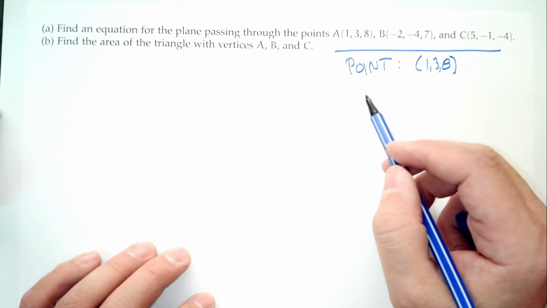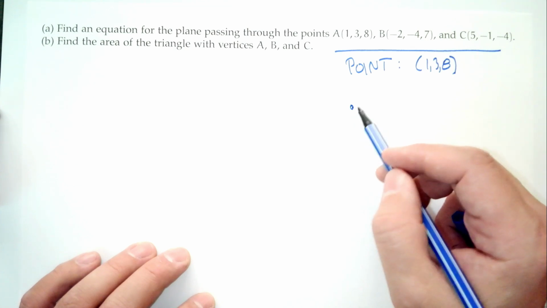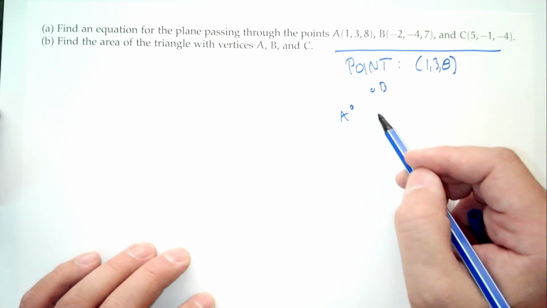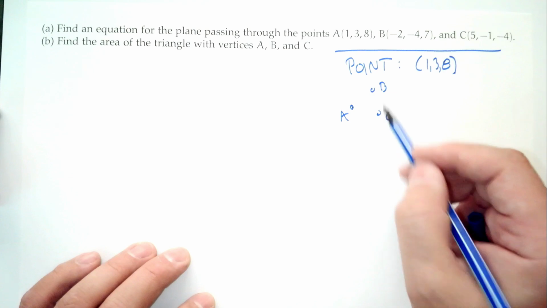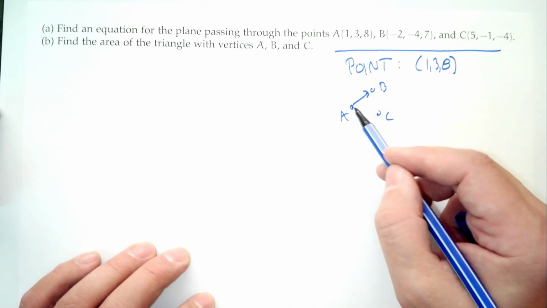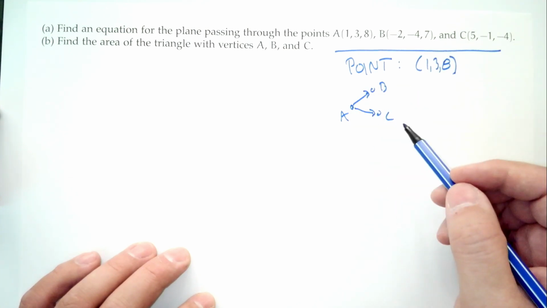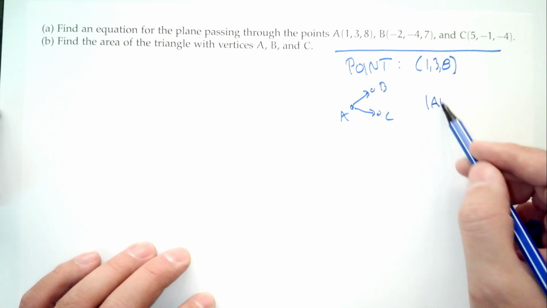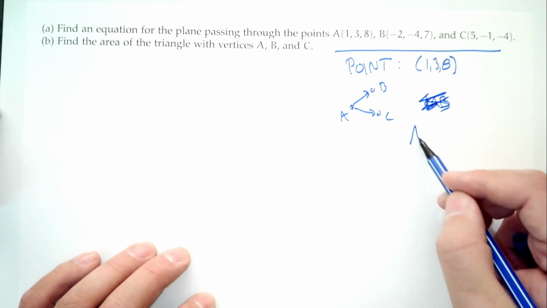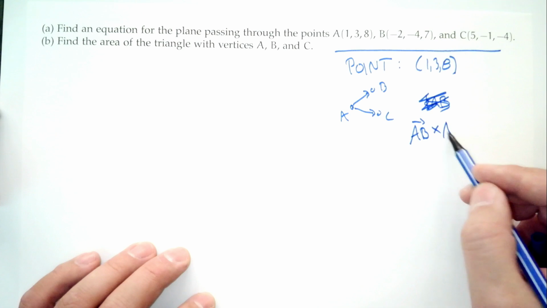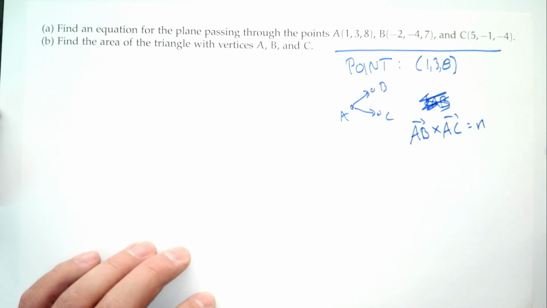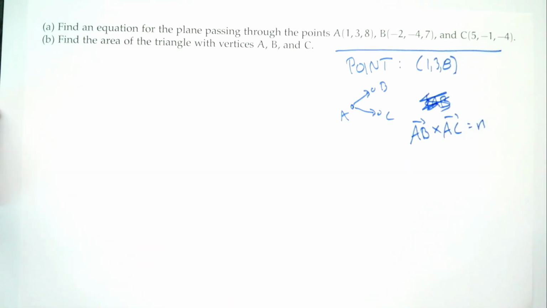How do you get your normal vector? You have these 3 points all on the plane. What you do is make vectors, say A to B, A to C, and then you cross them. You take AB cross AC. There's your normal vector, and now life is good. You've got your normal, you've got your point, you've got your plane.